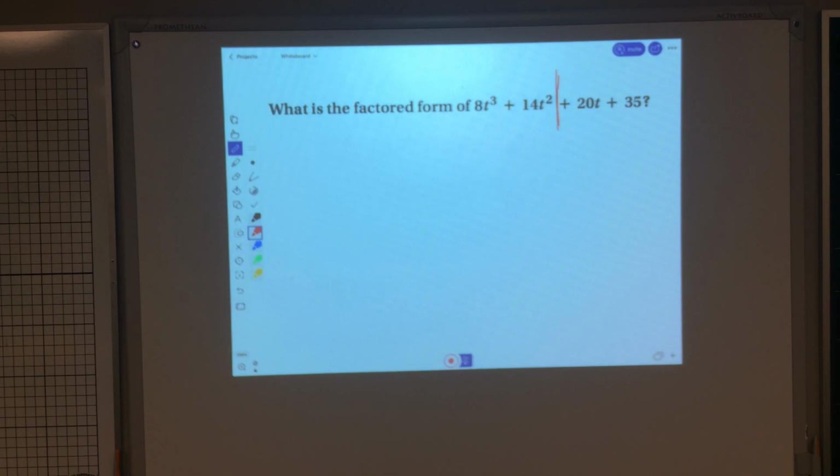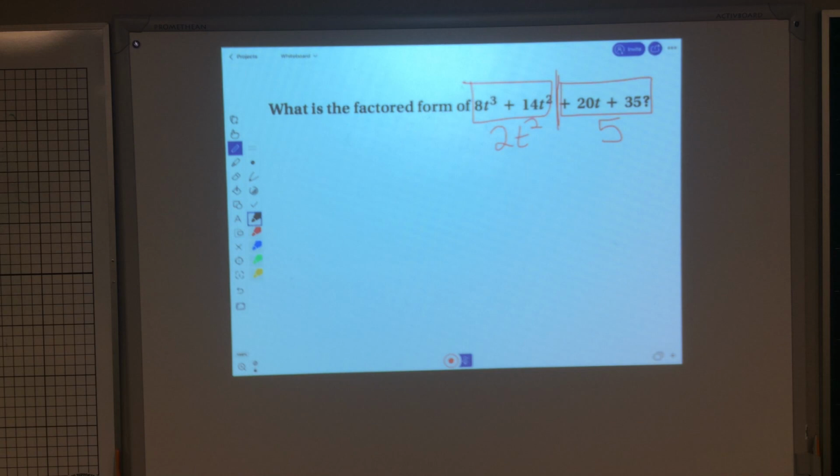Out of these first 2 terms, I can divide both the 8 and the 14 by 2, and for t cubed and t squared, the smallest exponent they have in common is t squared. So I'm going to factor out a 2t squared. Then I look at the last 2 terms, 20t plus 35, and those are both divisible by 5.